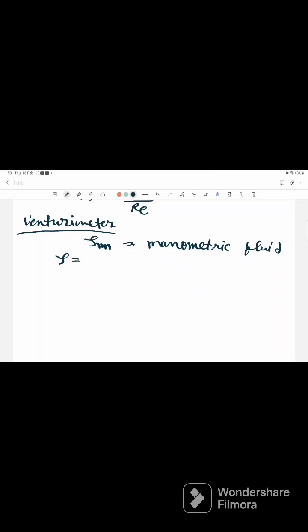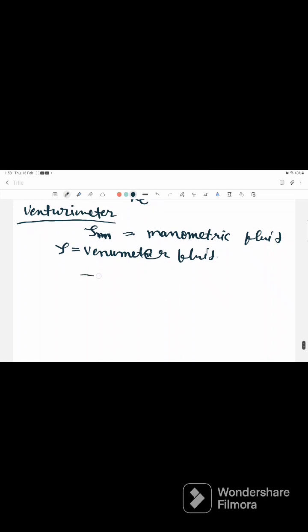The Venturi meter is like this: converging from the center, then again diverging. This is point 0.1, this is point 0.2.